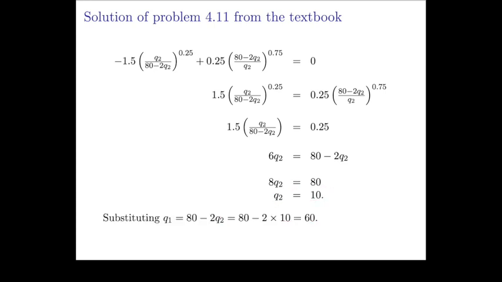Now we can go back to our budget equation. Remember, q1 is 80 minus 2q2, so 80 minus 2 times 10 is 60. So our optimal quantity Q1 is 60. So then, again, we found our optimal bundle.